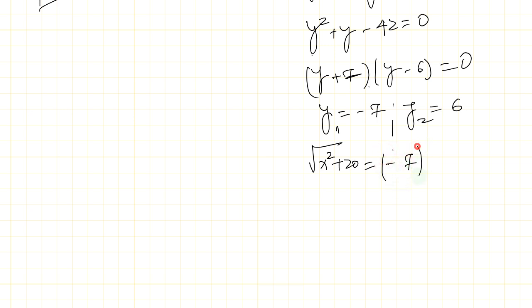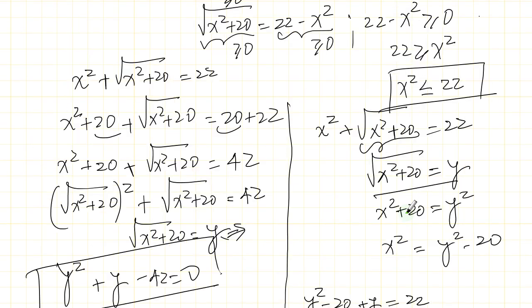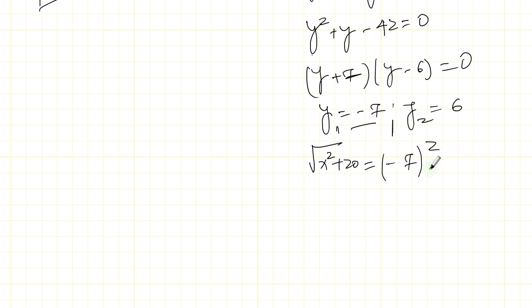This is our first y, but we have to remember that our x squared has to be less than or equal to 22. Let's see what it gives us here.